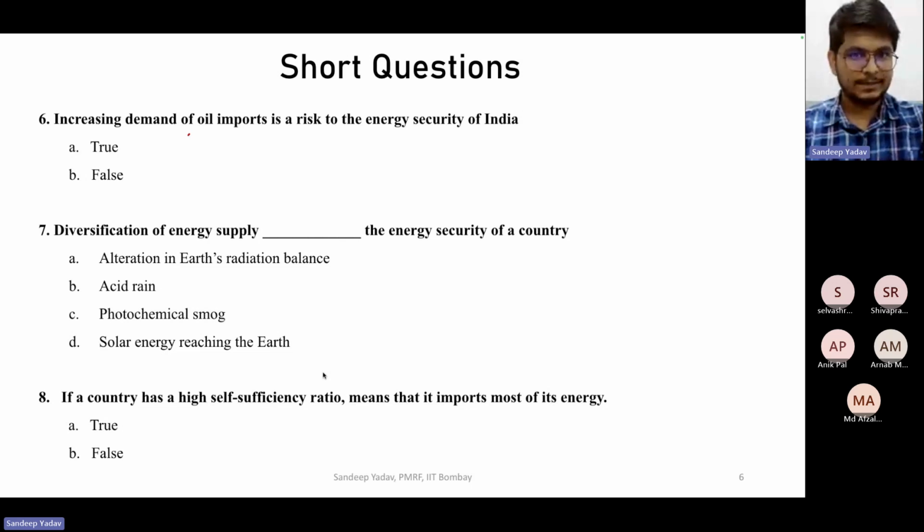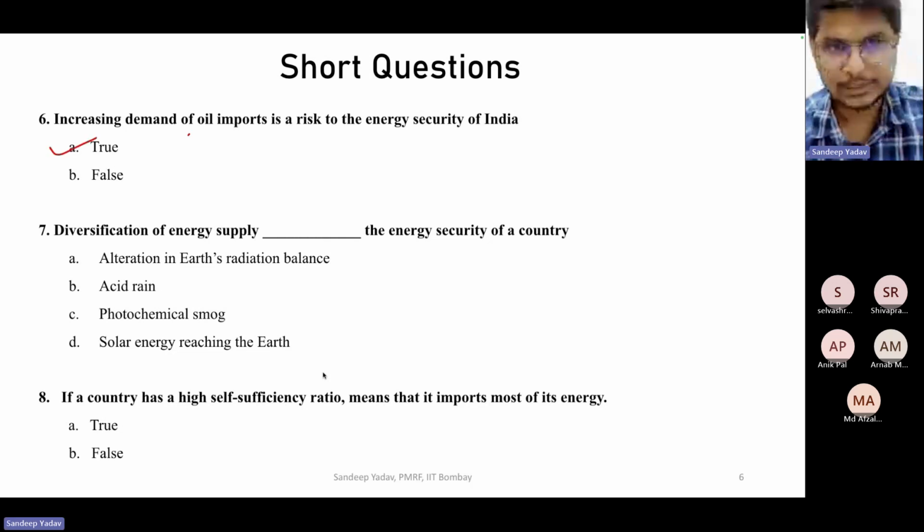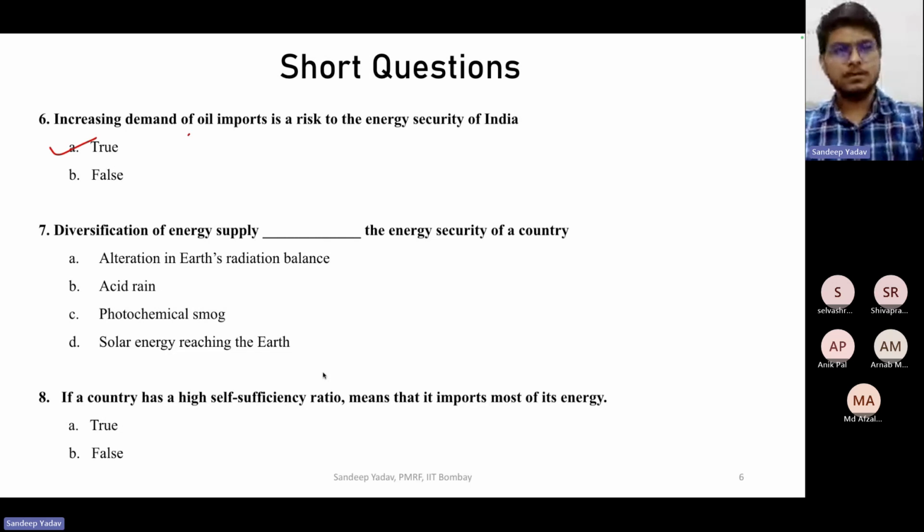So in that case, resilience and sovereignty will be affected. So that means it will risk our overall energy security. That statement is true. So we should be more and more self-sufficient if we are seeing our overall country.